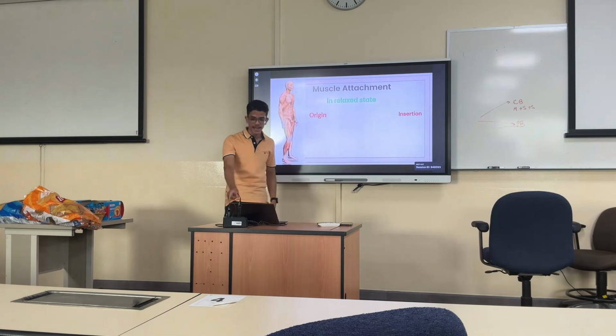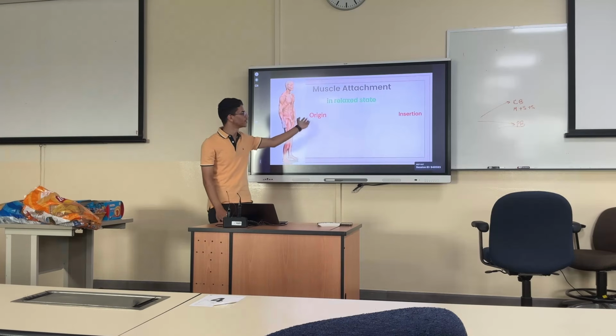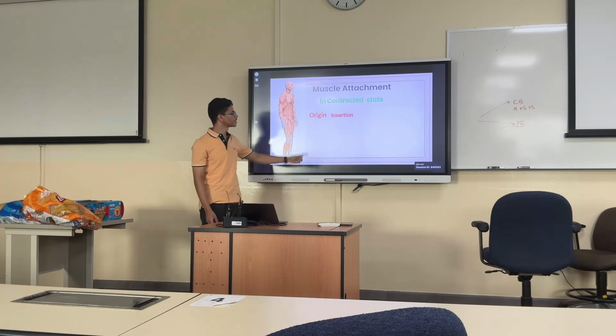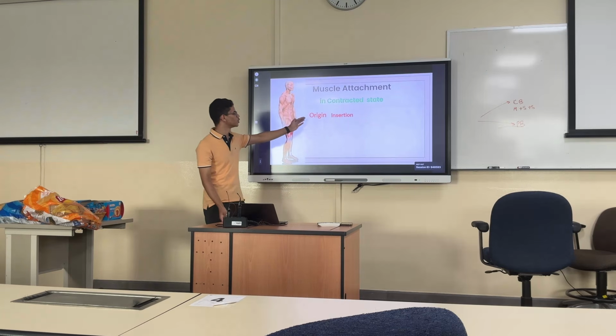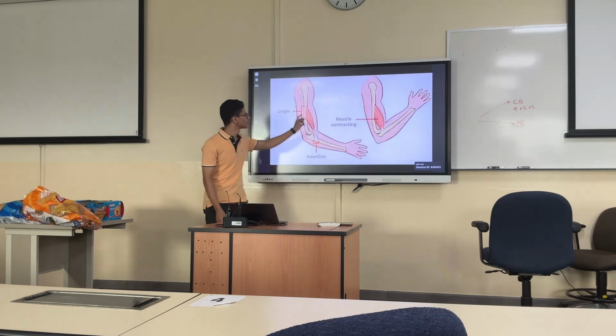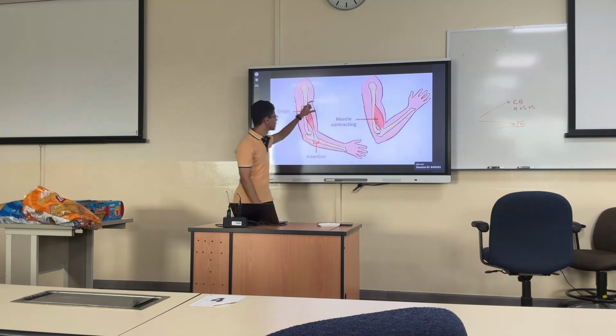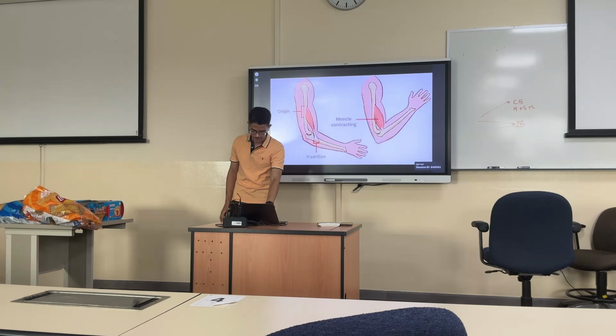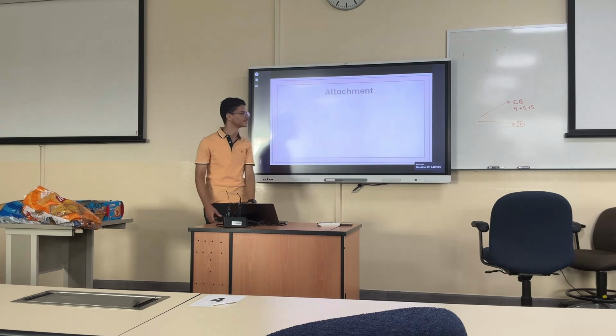So as you can see, in the relaxed state, origin and insertion are in their normal position. When the muscle is contracting, the insertion will get closer to the origin, which is closer to the body. For example, here, as you can see, the origin is stable in its place, and the insertion is moving toward it, and it's more distant.